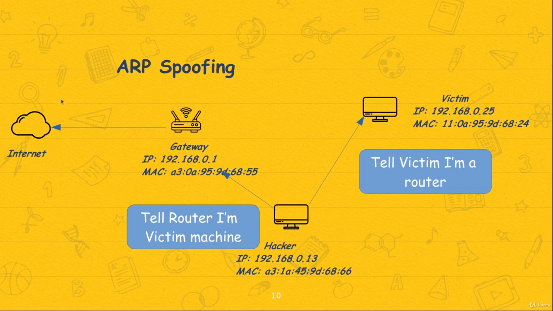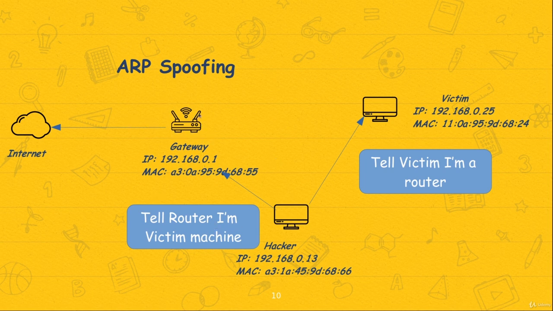Once it gets a response back, instead of sending the response to the victim machine, the router sends the response to this machine, and then this machine forwards the response to the victim. So now you are completely intercepting the traffic.